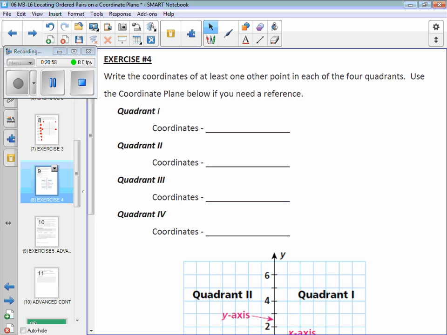Well, we kind of did that with the game we just did. As long as whatever coordinates you put here are both positive, you're right. Here, whatever point you came up with, the first one has to be negative, second one has to be positive. This one, both negative, whatever you put. And here, first one positive, second one negative. Move on.